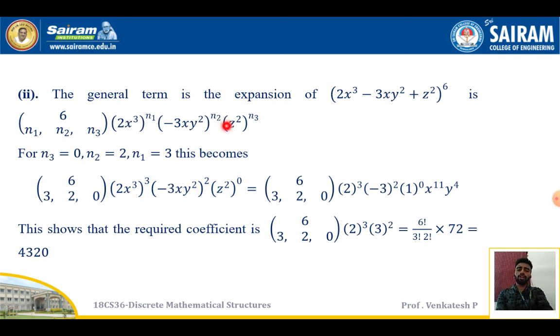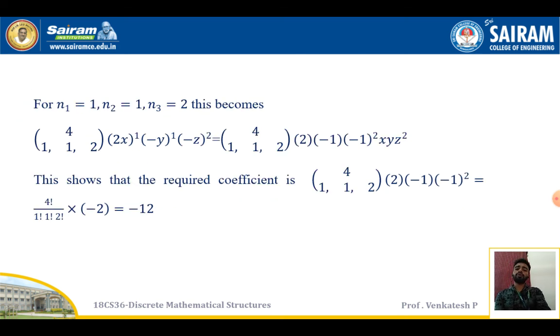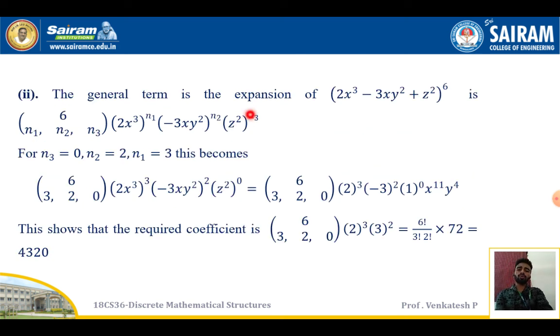To get the coefficient of x power 11 y power 4, I must replace the values for n1, n2, n3. Since the problem does not contain any z term, I'm going to replace n3 is equal to 0 directly, so that this z term gets eliminated. I'll be replacing n1 is equal to 3 now, n2 is equal to 2, so that I'll be getting x power 11 y power 4 in the equation.